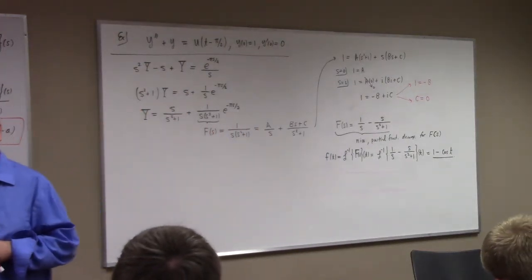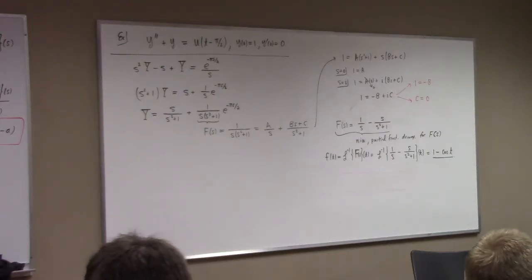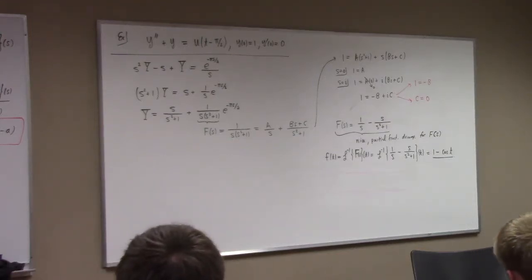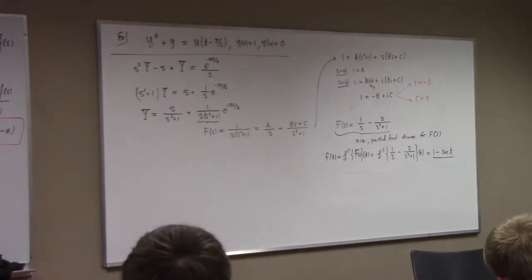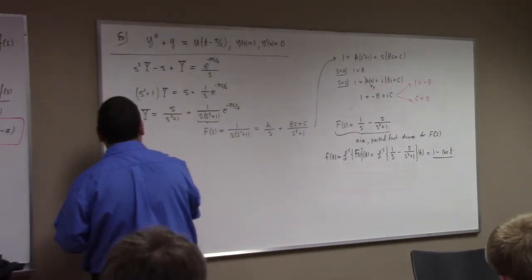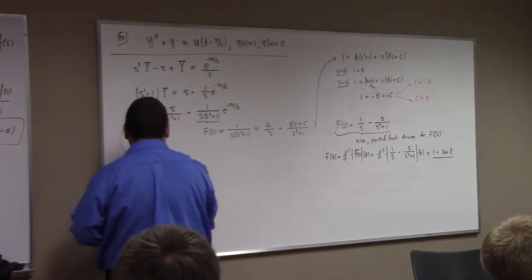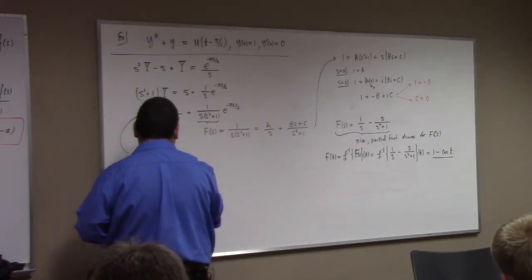That's f of t. All right? Now I need to use the Pac-Man equation to account for the presence of the exponential in the frequency domain. Right? So let's do it. y is the inverse Laplace transform of big Y, right?